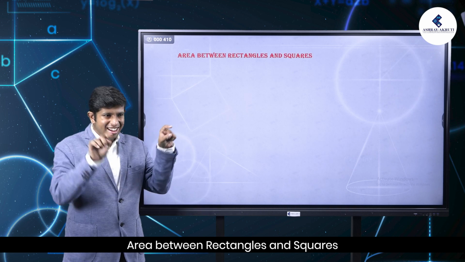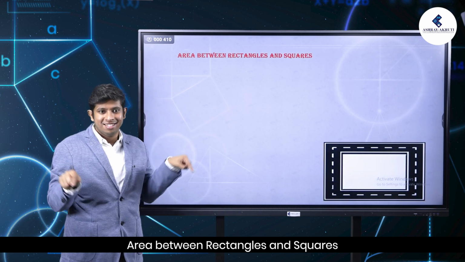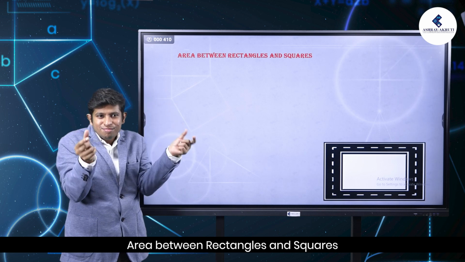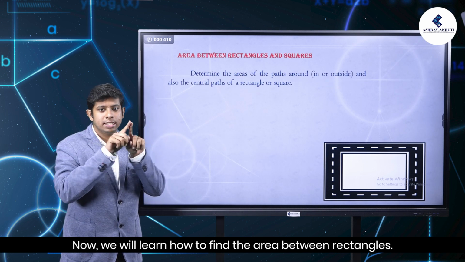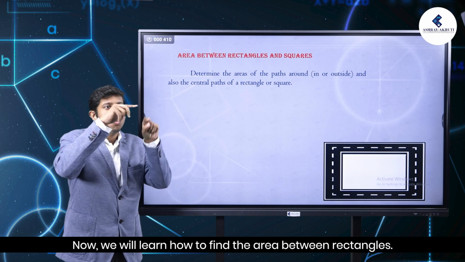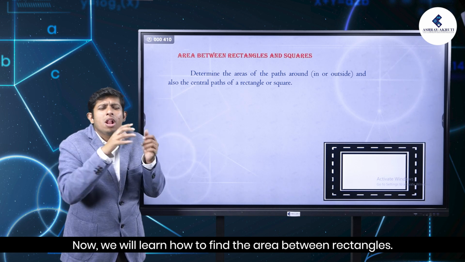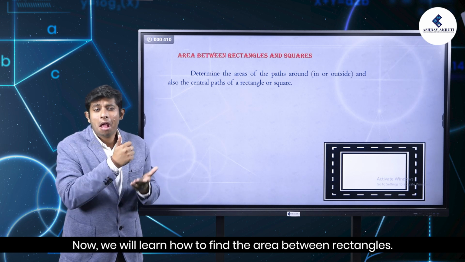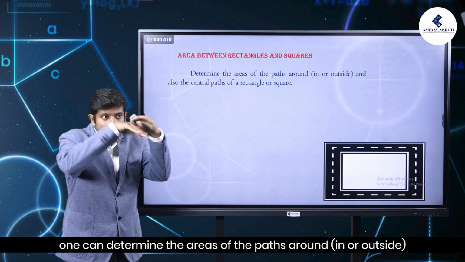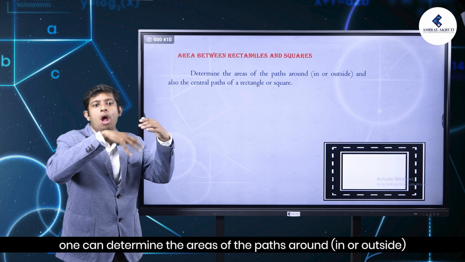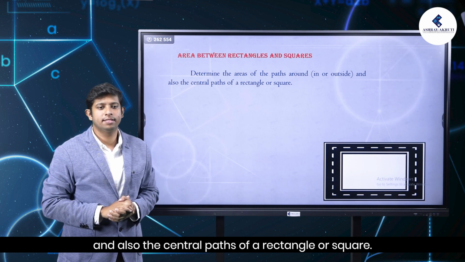Area between rectangles and squares. Now, we will learn how to find the area between rectangles. With the help of this topic, one can determine the areas of the parts around, in or outside, and also the central parts of a rectangle or square.